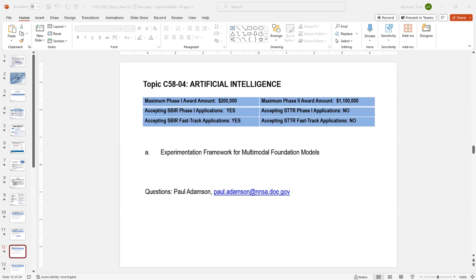Some key metrics that we're looking for when we evaluate proposals are things like, is the framework able to scale to evaluate very large size foundation models, and can it be adapted to a wide array of data modalities and various different tasks of relevance to nuclear nonproliferation.